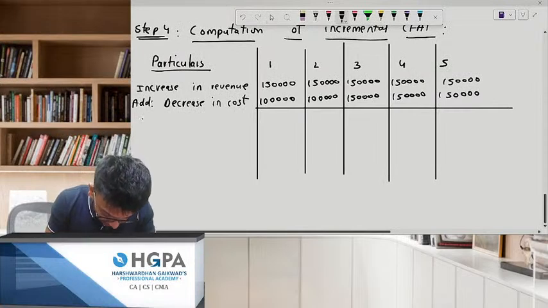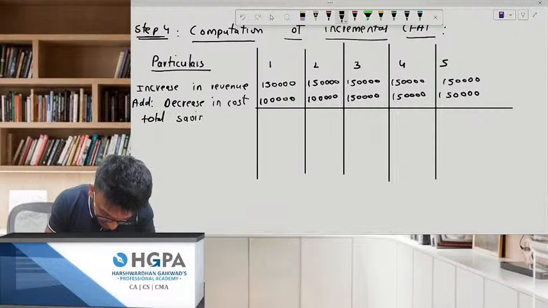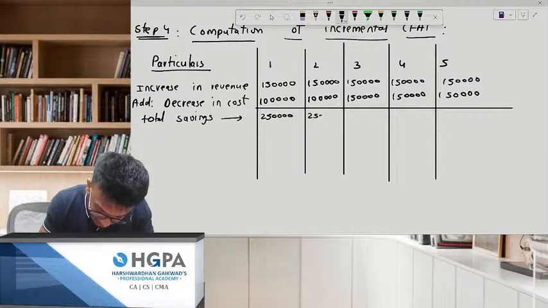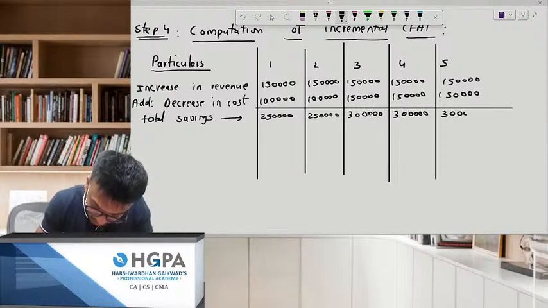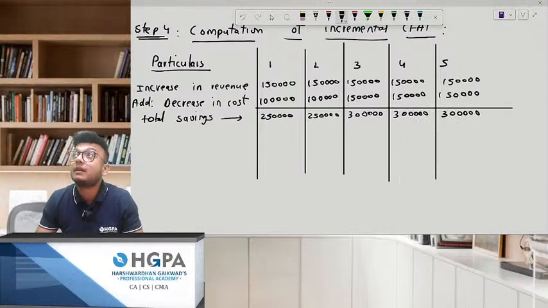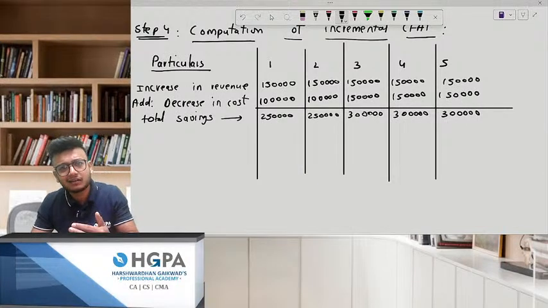Now you'll write here total savings. How much is total savings? Total: 2 lakh 50,000. 2 lakh 50,000. 3 lakh. 3 lakh. And 3 lakh. Got it?